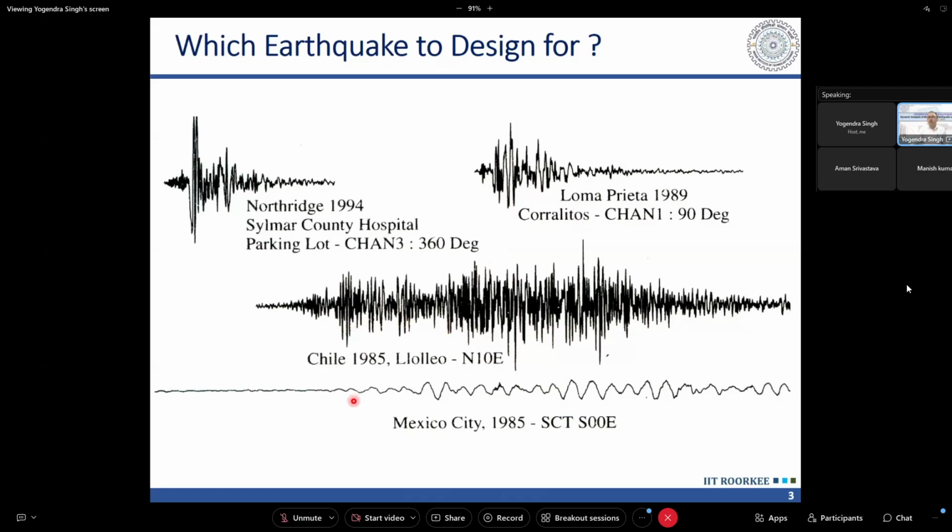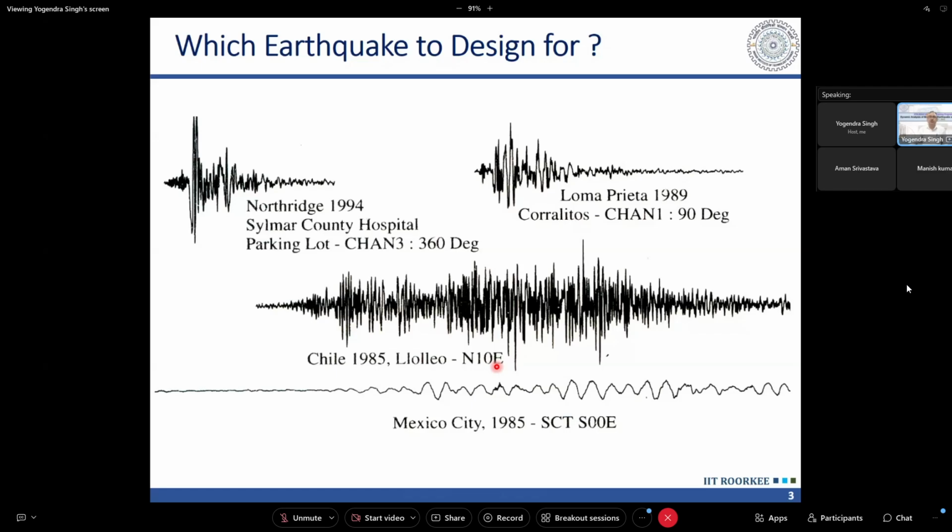So whatever earthquake is going to come to my site, one thing is sure, that it will be different from all earthquakes which have been recorded so far. It is not going to match with any of those earthquakes which have been recorded in the past. So one question which we have to answer is which earthquake I should use in our analysis.